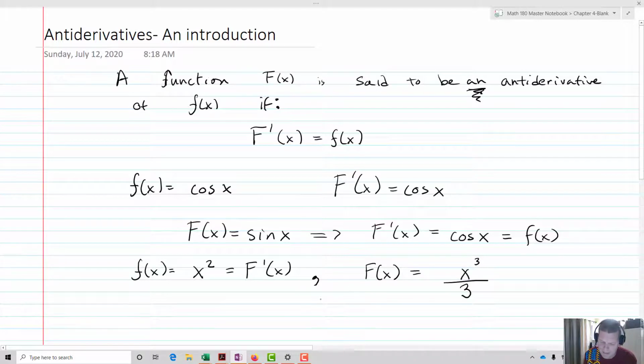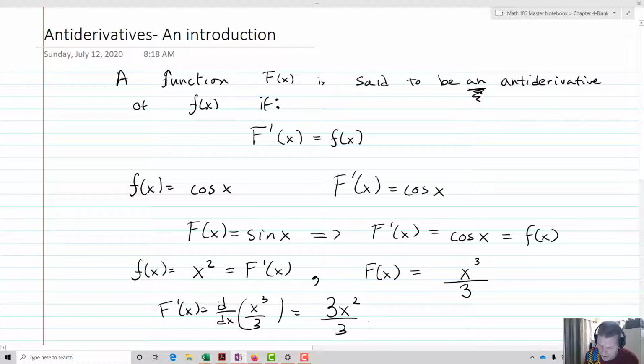And that's because if I take big F prime of x, which is going to be d dx of x cubed over 3, what I'm going to get is 3x squared divided by 3, which just ends up equaling x squared.